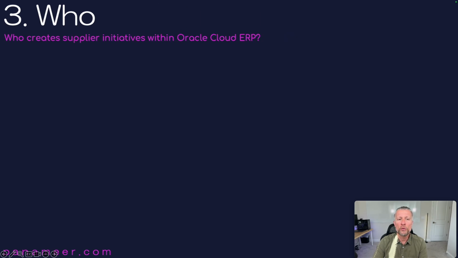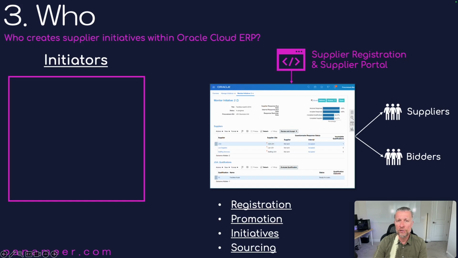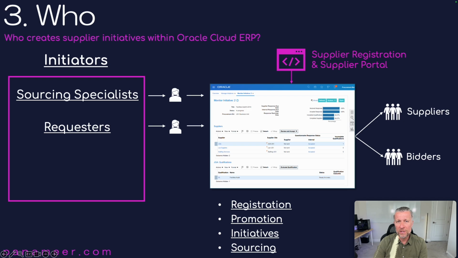Slide 3. Who creates initiatives within Oracle Cloud ERP? Well, initiators are as follows. A sourcing specialist might initiate qualification questions as part of the requirements on a negotiation. Requesters can initiate qualifications via supplier initiatives, for example a PM that's looking at a new supplier, or a supplier that did X and they may want to qualify them to do Y. A contract administrator might be qualifying a potential supplier as part of the contracting process via requirements.